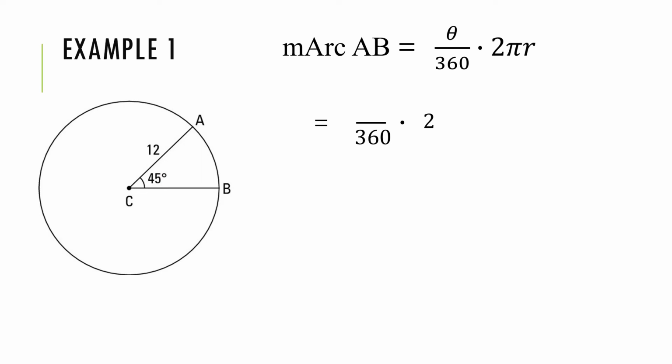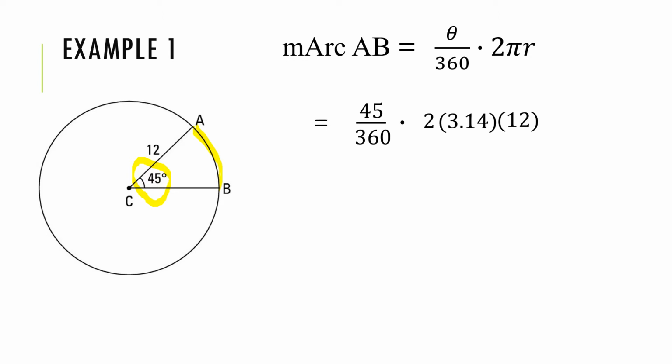In circle C, we want to find the measure of arc AB, so from point A to point B. So therefore, we're going to use the formula and substitute the measure of the angle, which is 45 degrees, in the place of theta. Divide that by 360 times 2 times 3.14 times 12.